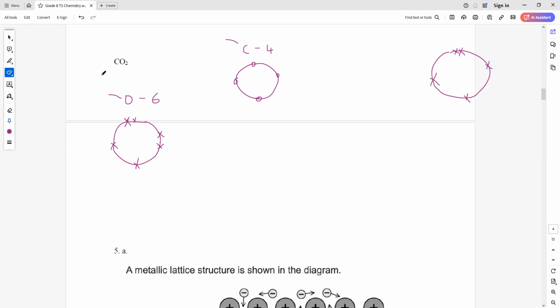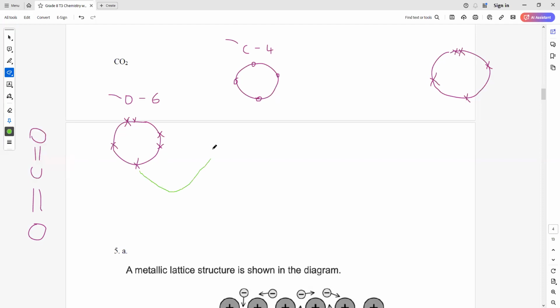So here the central atom will be carbon, right? This is how it will appear. Between this carbon and this oxygen there will be a double bond, and between this carbon and the other oxygen there will also be a double bond. So two pairs of electrons are shared here. Let me use a different color to denote this.